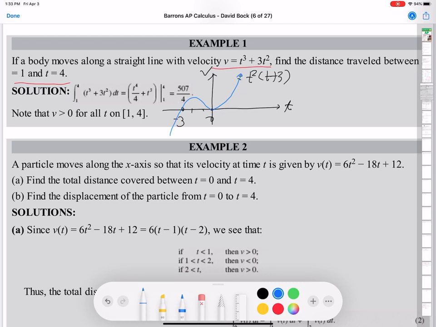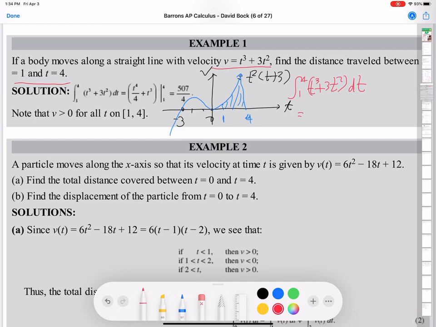We need to find 1 to 4. 1 is here, and suppose 4 is here. The integral from 1 to 4 is this area, right? That is the displacement from t equals 1 to t equals 4, but in this case the velocity function is above the t-axis, so the displacement is positive, which means displacement is equal to the traveled distance. To find the traveled distance, just find the integral from 1 to 4 of t cubed plus 3t squared dt.